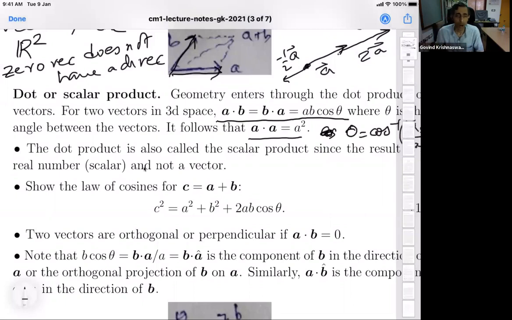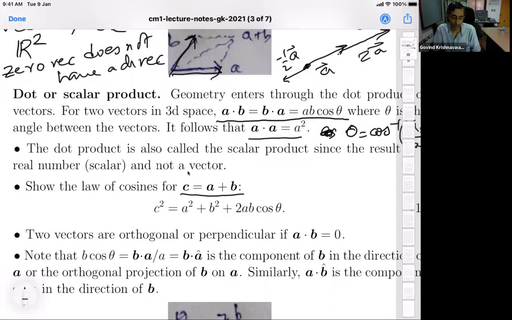So okay, I will leave it as a little exercise to you to show the so-called law of cosines. Suppose you have a vector C defined as the sum of A and B, then it is a simple exercise to show that the square of the length of C is the sum of the squares of the lengths of A and B, plus a sort of correction term.